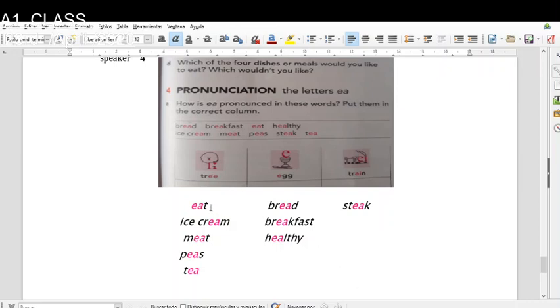Long E: eat, ice cream, meat, peas, tea. Short E: egg, bread, breakfast, healthy. A: steak. This was the pronunciation of these words.